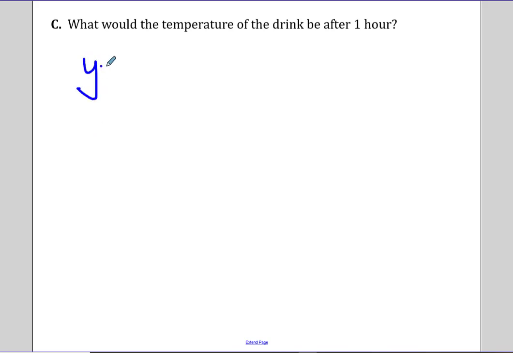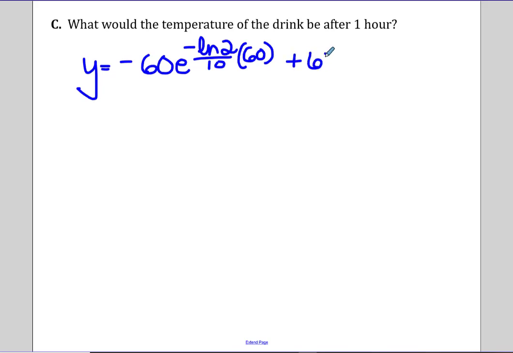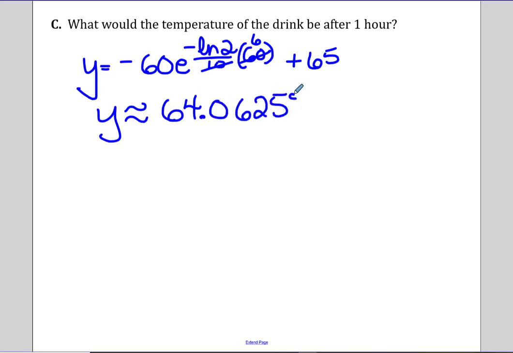Our time is in minutes, right? So we get negative 60 e to the negative natural log 2 over 10 times 60 minutes plus 65. So this 10 divides that 60 6 times. And using our calculator, it's about 64 degrees after an hour.